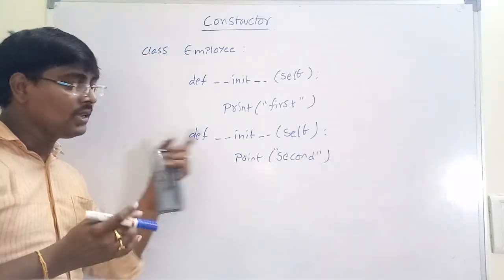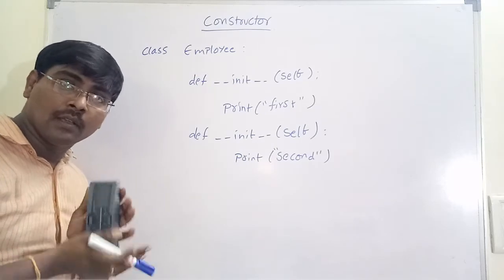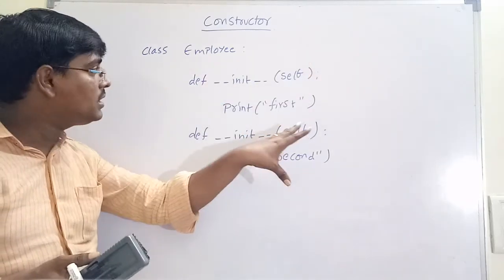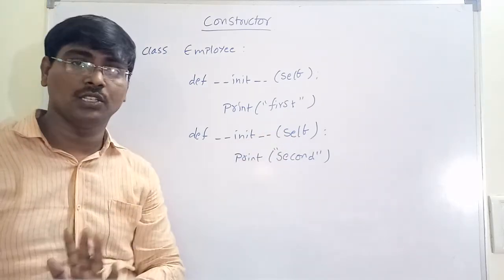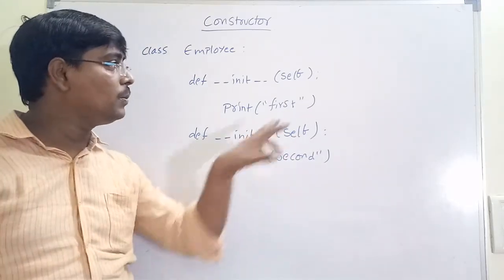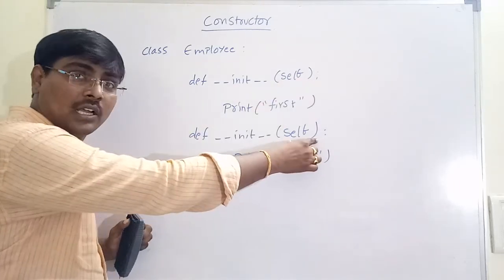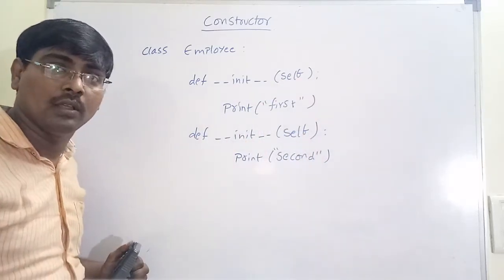Suppose you are writing in this fashion. Remember, the first one is not executed. Always the last constructor is executed. So what is the output? The output is second. Suppose it has two arguments and another has a single argument, that is not allowed.